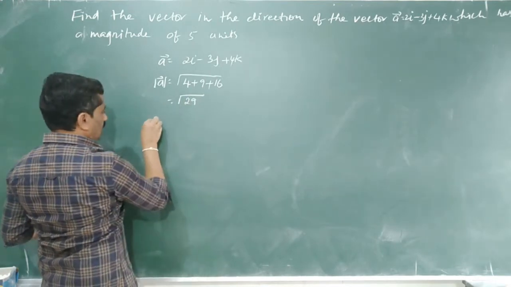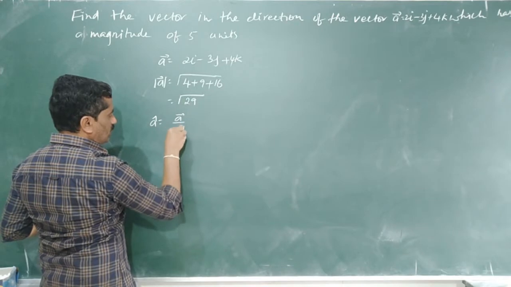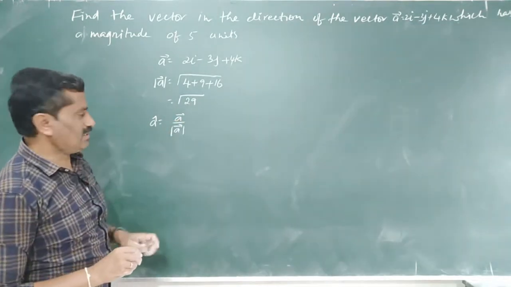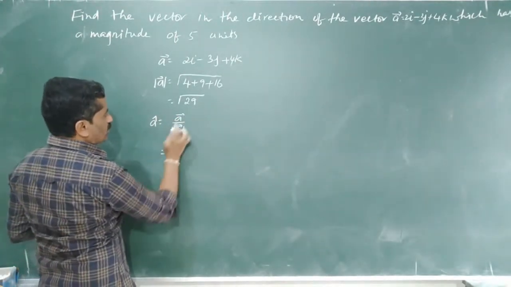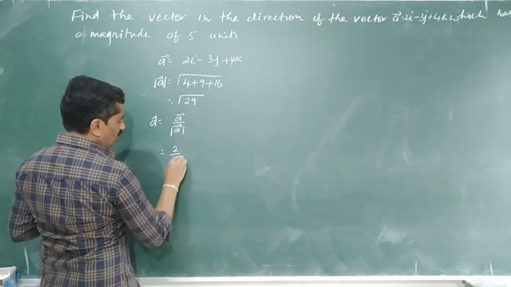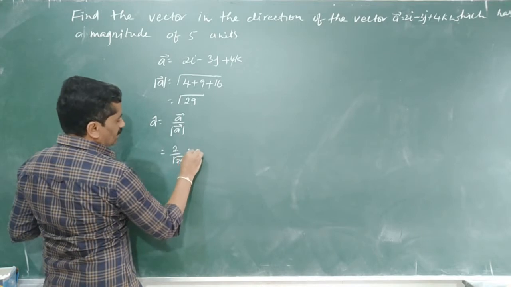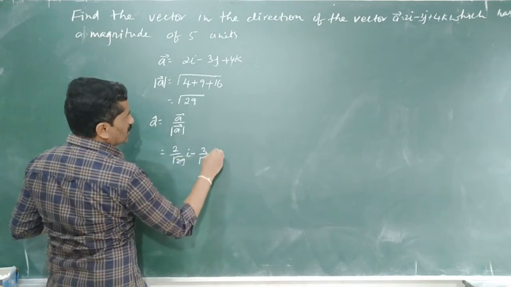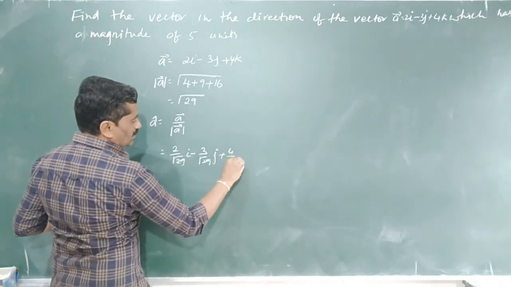Therefore a cap is equal to A bar divided by the magnitude of A bar. This is the formula to find a unit vector in the direction of a given vector. That equals 2 divided by root 29 i, minus 3 divided by root 29 j, plus 4 divided by root 29 k.